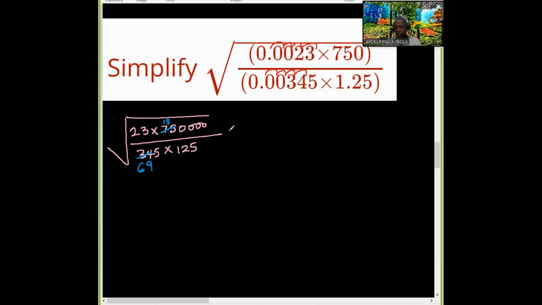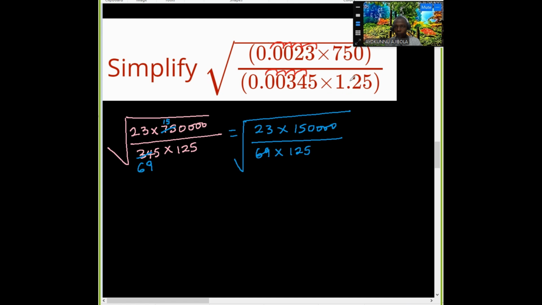So right now I have 23 times 150,000 at the top. And at the bottom, I have 69 times 125, right? Okay. So I can divide this by how many 25 is in 125? 5, right?